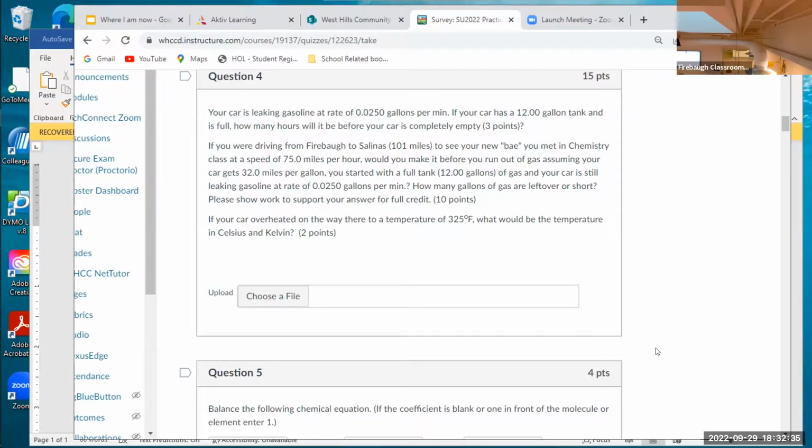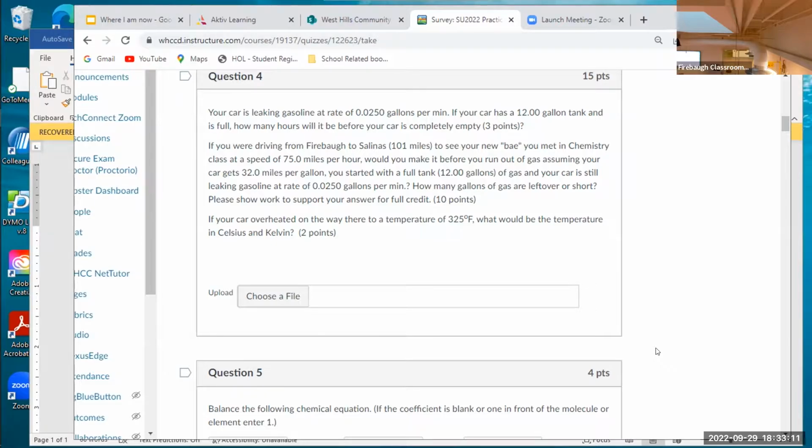Please show your work to support your answer. You have to convert. You have to get how efficient the car is, right? Correct.